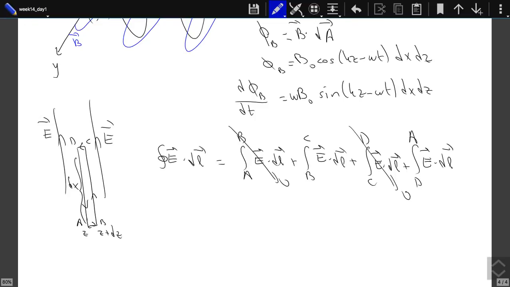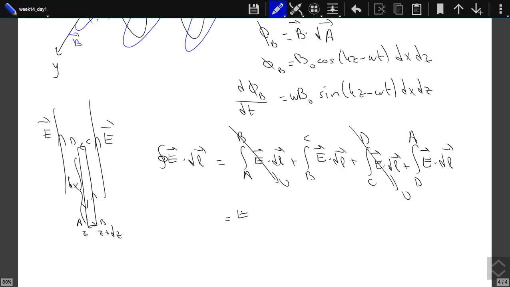Now from B to C, dl is pointing in that direction. The electric field is also pointing in the same direction. Since the electric field only depends on z, and doesn't depend on x, it is uniform along this line. It is constant along this line, so I can just take it out of the integral. What remains is just the length of that segment.